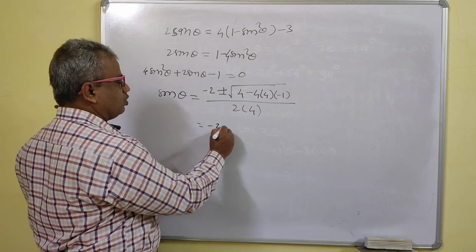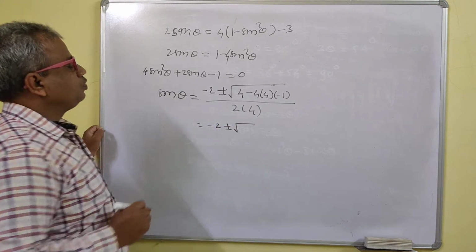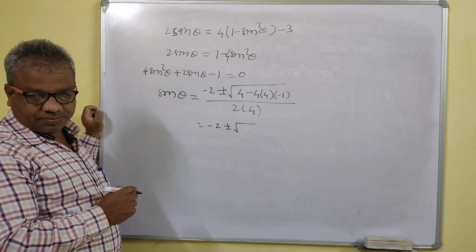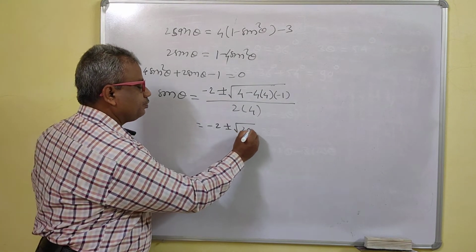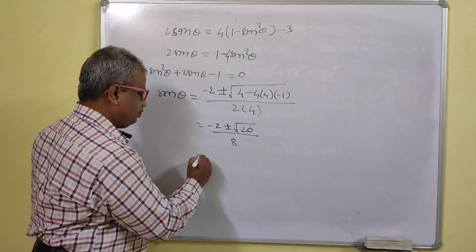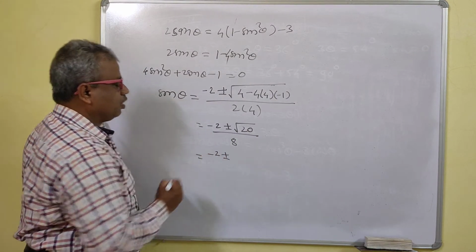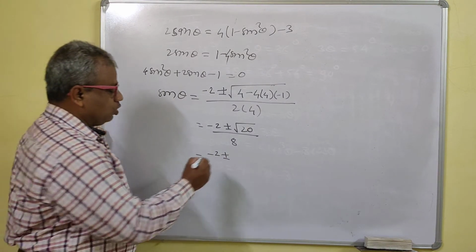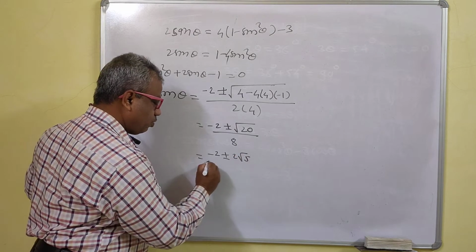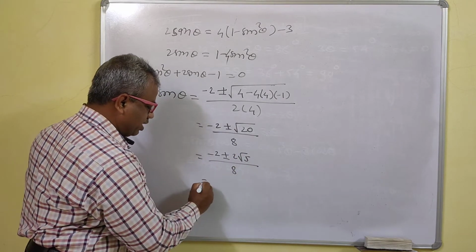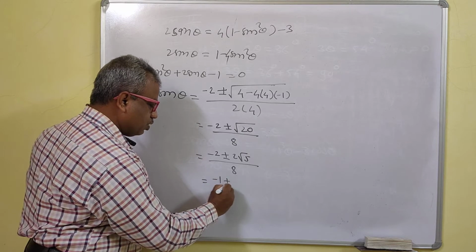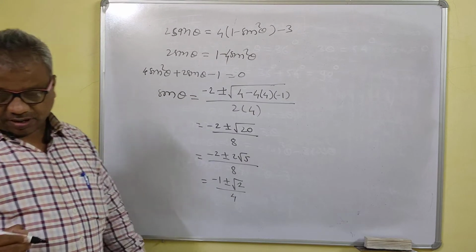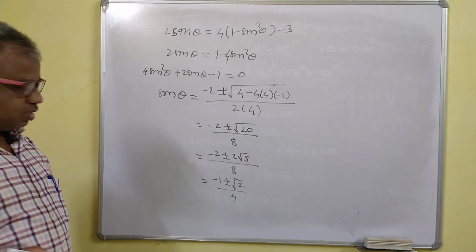So this is minus 2 plus or minus root of 4 plus 16, minus will become plus, so this is 20, upon 8. So minus 2 plus or minus root 20, which is 5 into 4, so this is 2 root 5, upon 8. Again 2 gets cancelled, so this is minus 1 plus or minus root 5 upon 4. But your 18 degree, or pi by 10, is in the first quadrant.